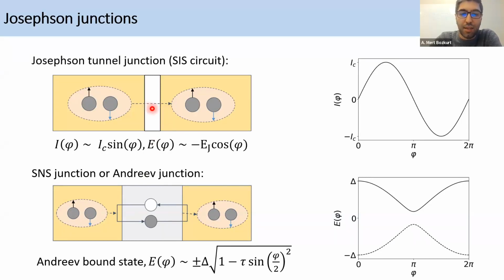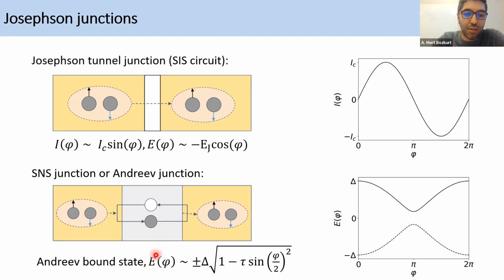Here, for example, we have a Cooper pair on the left, and an electron can travel within the junction and Andreev scatter into a hole, and this way you form a bound state, known as an Andreev bound state.